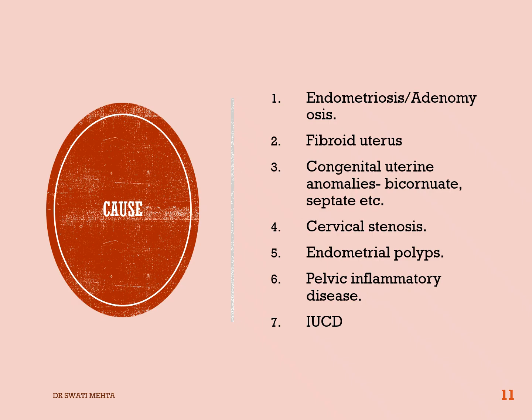Common causes include endometriosis, adenomyosis, fibroids, congenital uterine anomalies, cervical stenosis, endometrial polyps, pelvic inflammatory disease, and intrauterine contraceptive device. Treating the underlying pathology is essential for successful management of secondary dysmenorrhea.